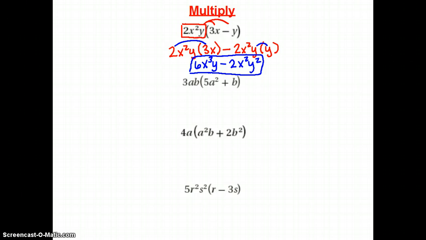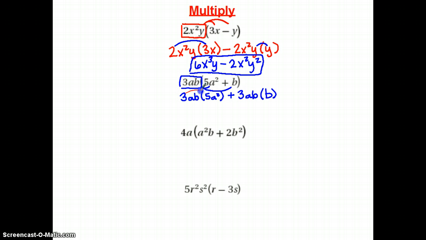Down below, again, very similar. I'm going to take that term on the outside and distribute it to both terms inside the parentheses. First, I have 3ab times 5a squared. I'm then adding 3ab times the other term inside the parentheses, which is simply b.